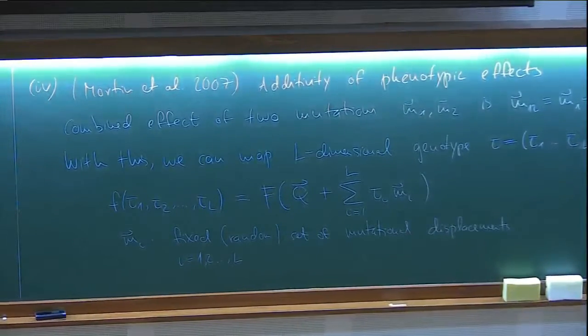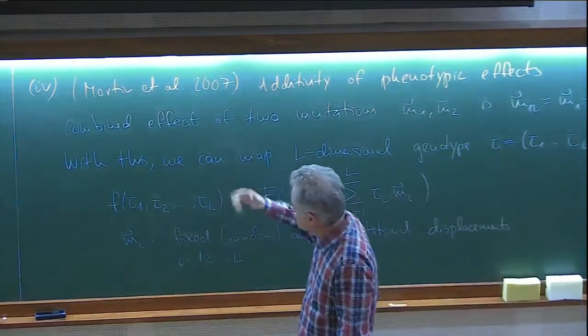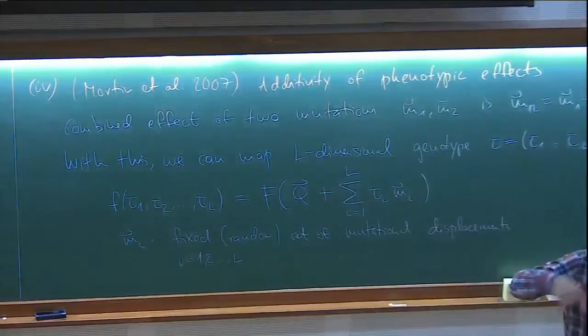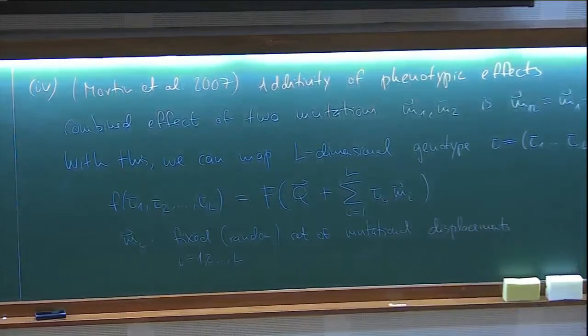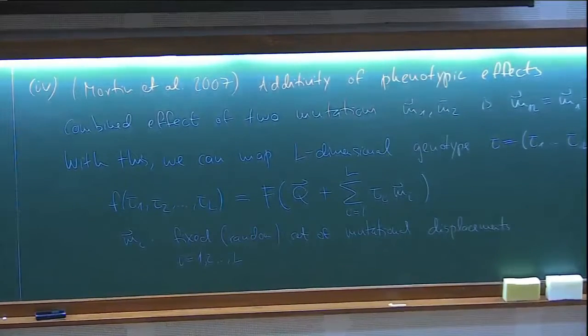Okay, so this is now my fundamental mapping. And so this will generate for me a fitness landscape on the space of genotypes for every set of random vectors that I choose. And these random vectors are drawn from this Gaussian ensemble, so I can now calculate average properties of these fitness landscapes in this way.